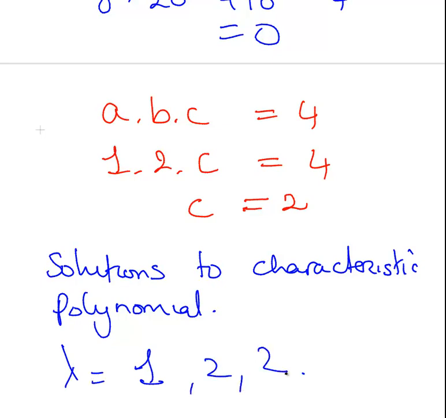Just as a remark, I tend to write them in ascending order. Not that it really matters, but it helps to keep a consistent order when you're doing these sorts of things. Correctly, that's a sort of vector, but the point right now is the solutions to the characteristic polynomial: 1, 2, and 2.